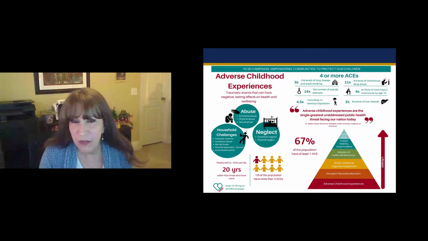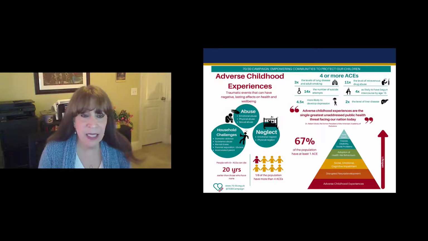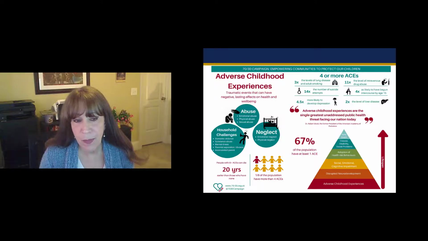Okay, you can see all this. 14 times more likely to attempt suicide. So it's very serious. And we see down here on the lower left, people with 6+ ACEs can die 20 years earlier than those who have none.